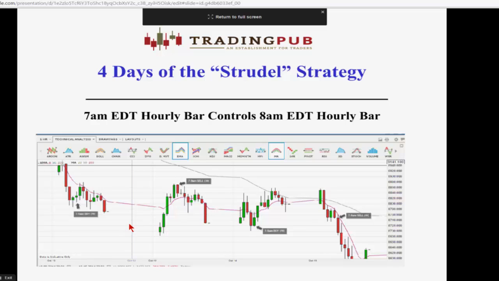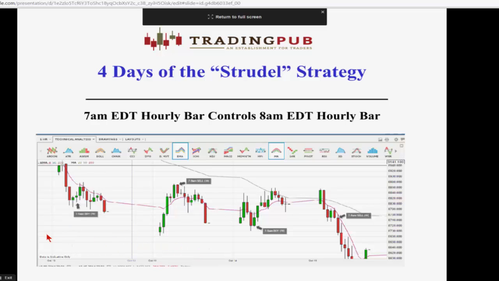You can go to investing.com, pull up the DAX chart, set it to hourly, and back test as far as you want to, and you'll find that more often than not, the great majority of the time, the 7 a.m. hourly candlestick controls the 8 a.m. hourly candlestick.